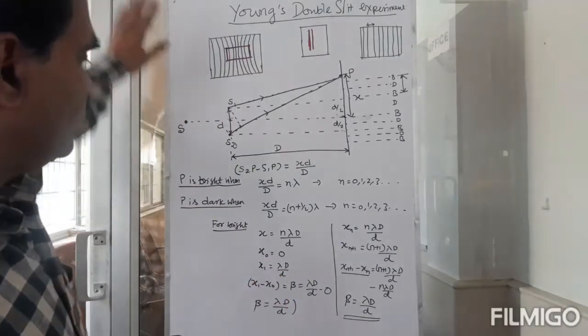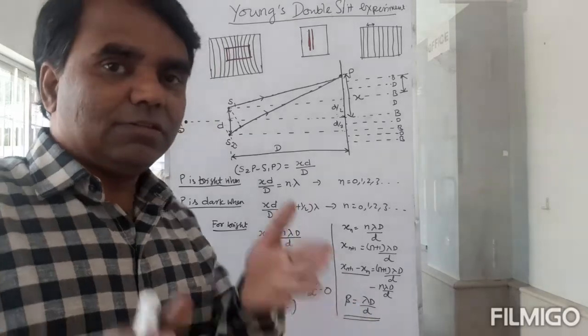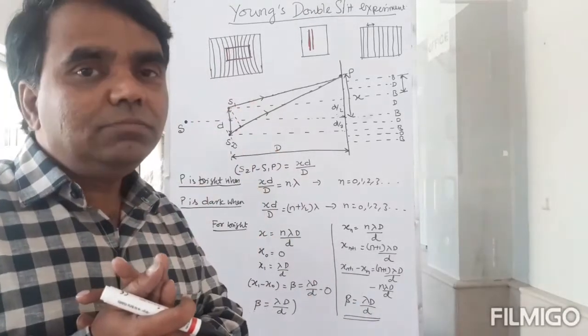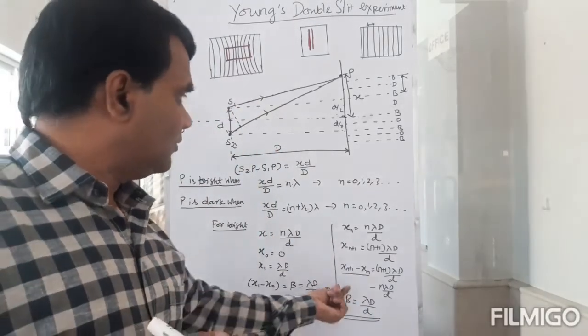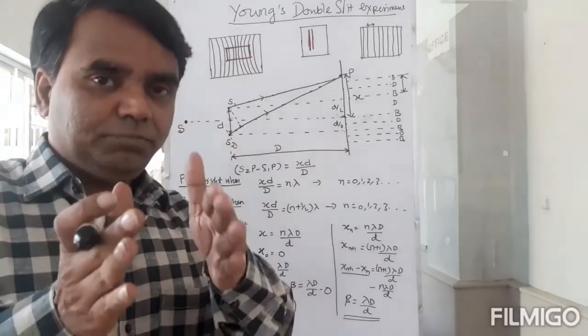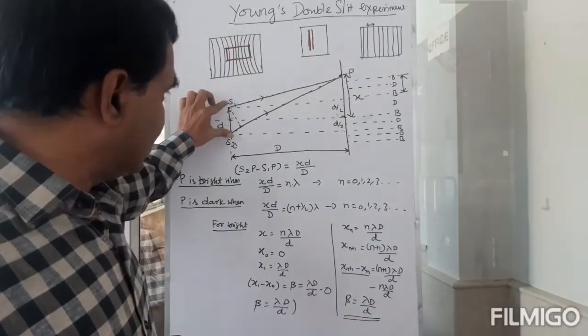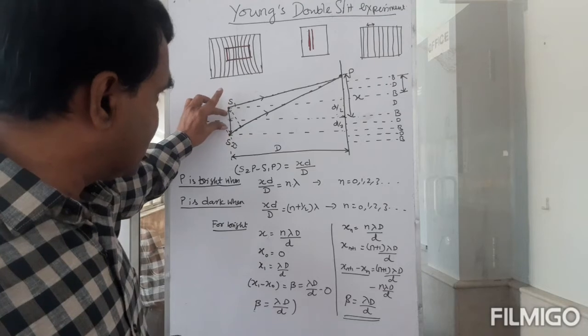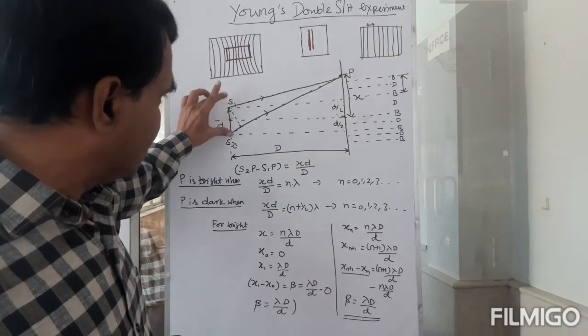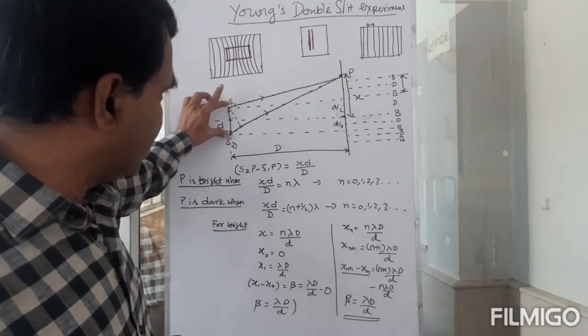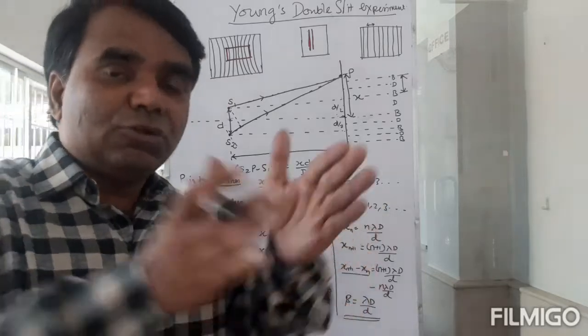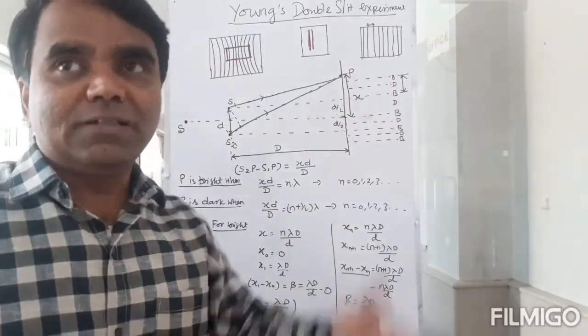So the farther you go, the spacing would be greater. You can clearly see the bright and dark spots. And if you narrow the slit separation, the closer the slits are to each other, then also you can see a big bandwidth.